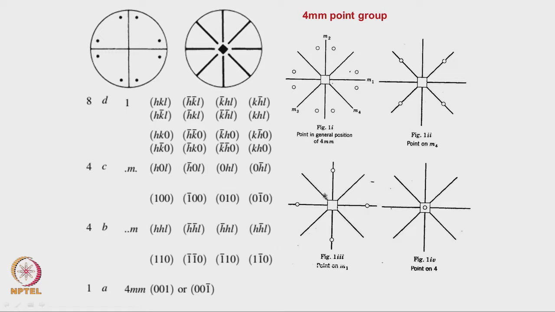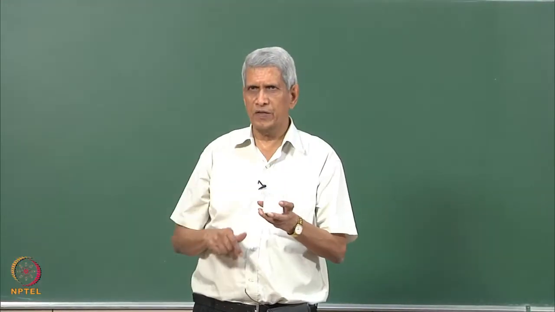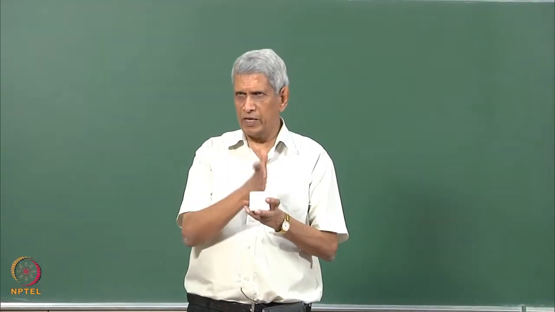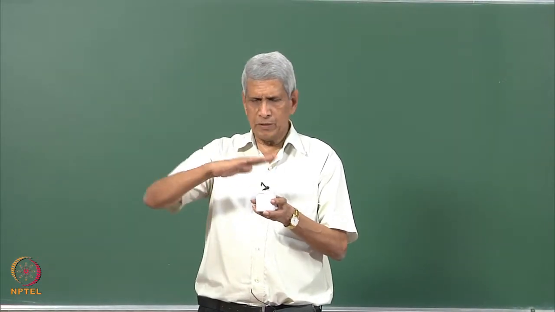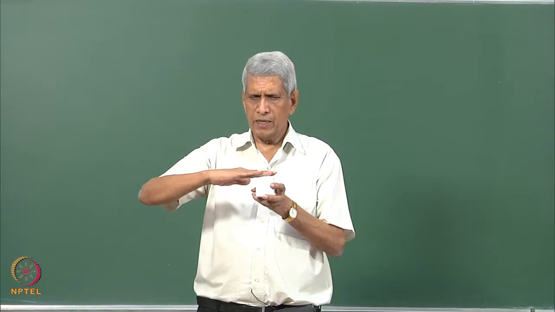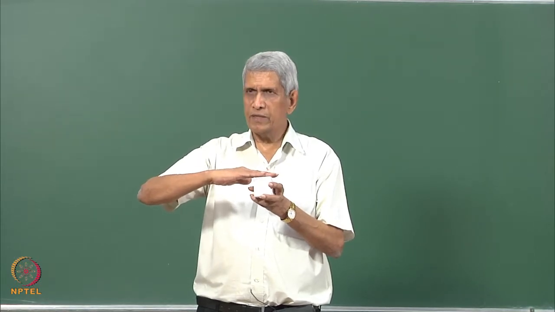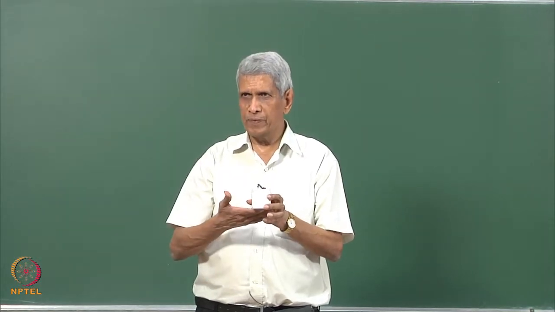With respect to that, 4 symmetry is essentially exhibited by the axis which passes through it, because a 4-fold rotation is there, and a mirror is also there along this axis. The face which is normal to this pole is essentially 0 0 1, correct.